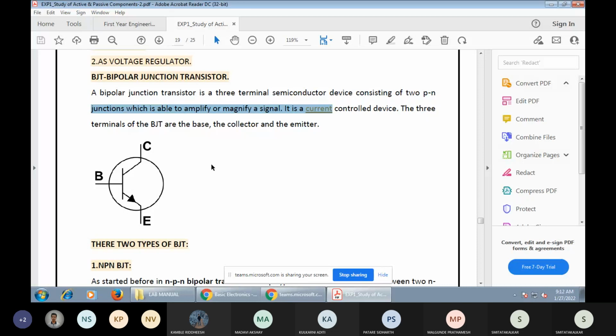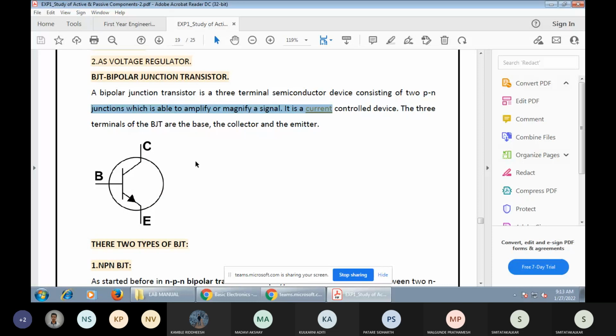To amplify the signal, the voltage increases and the diode goes to forward bias in the first PN junction, the base to collector junction. The other is the base to emitter junction.